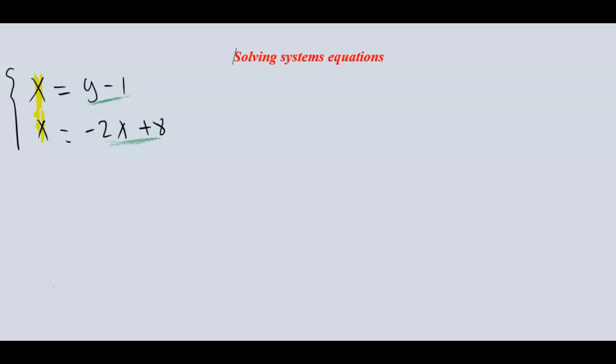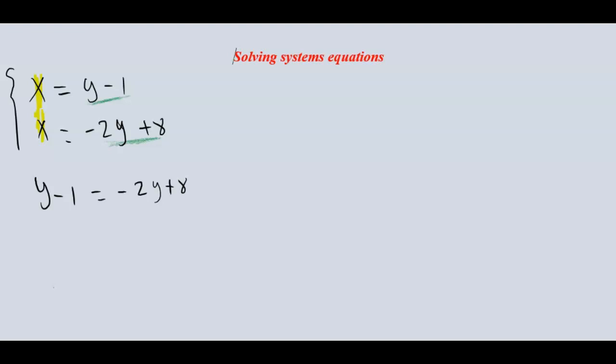So we're going to have y minus 1 equal negative 2y plus 8. Now, we're going to solve for y.